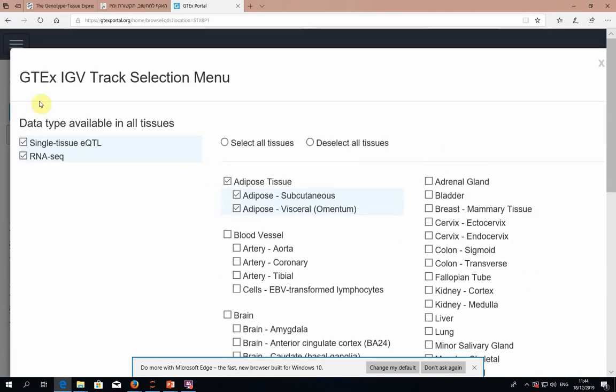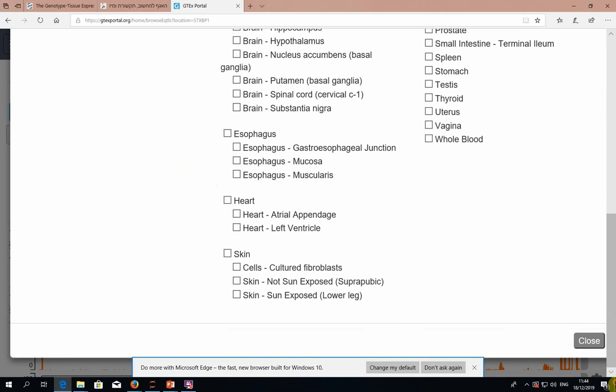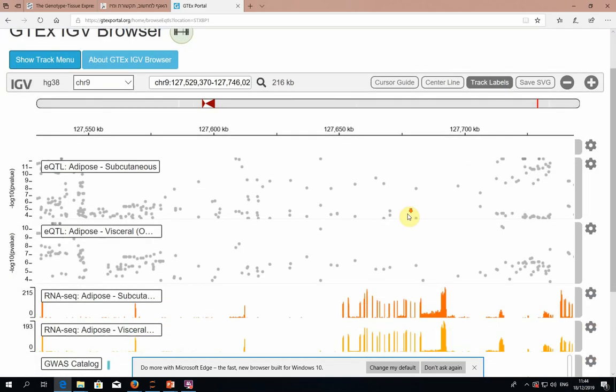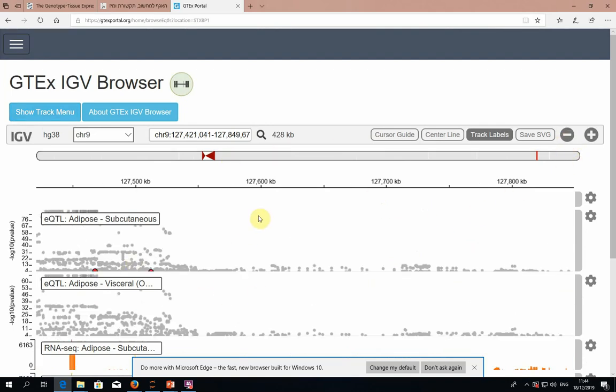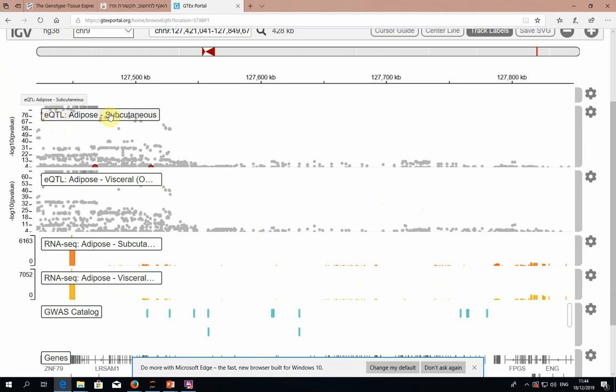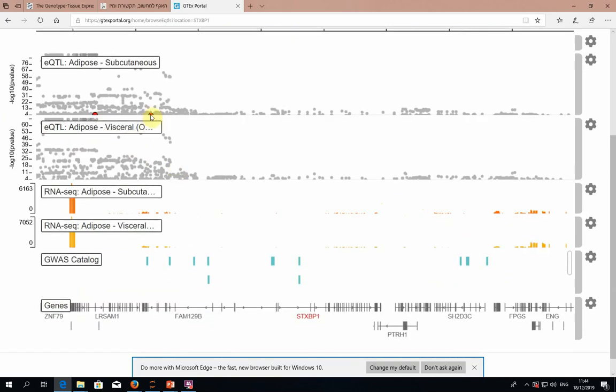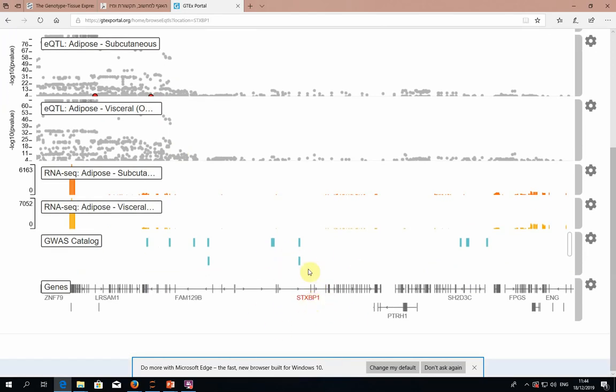You can choose any of your choice, and immediately you see the browser in a fairly non-classical way. What you see is only the eQTL, in this case, of two types of adipocytes. And this is the area of the gene of interest, right? This is the gene that we talked about.